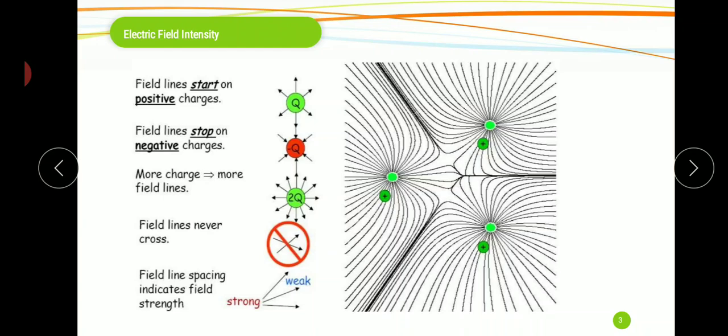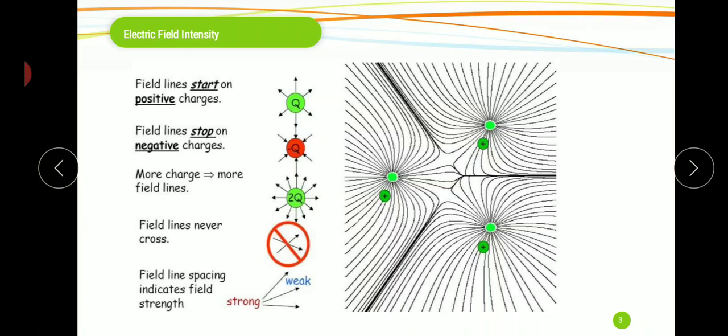If the spacing is more, then the field is weak. If the spacing between these lines is less, then the field strength is strong. So the spacing of the field lines indicates the strength of the field.